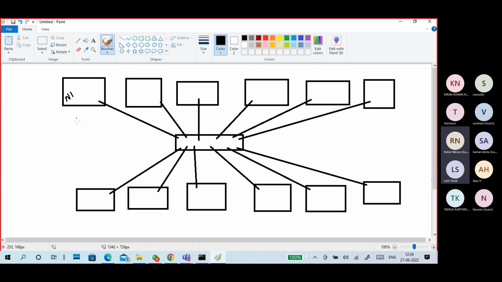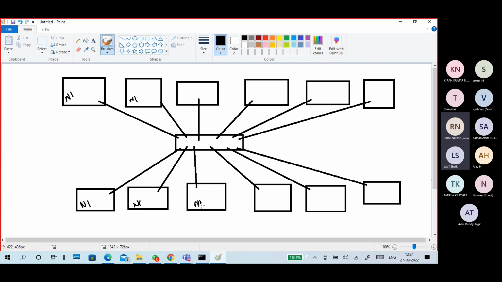Now, what I want to do is this: the network address is the same for these PCs, something like one network address, the network part. So for all these PCs the network address is the same and the host address changes, like roll numbers 1, 2, 3, 4. Guys, look here. For example, your batch is 5.